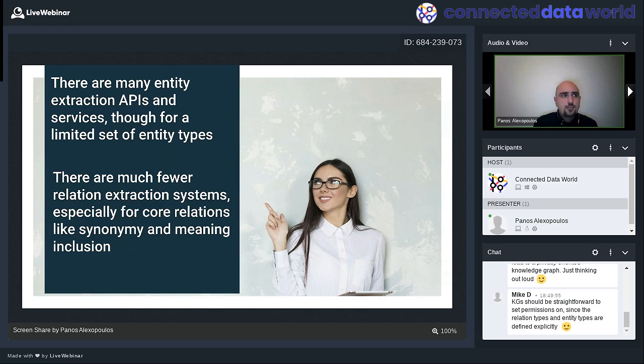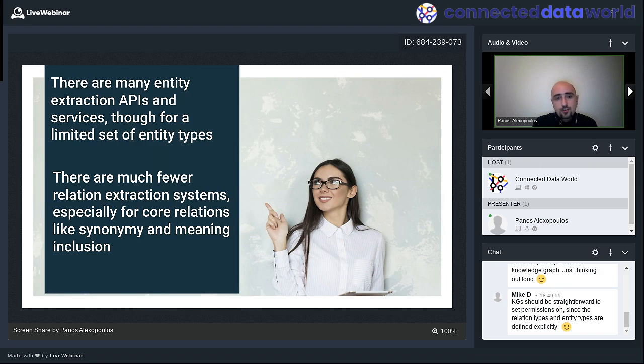But it's much more difficult to find a system that will find, for example, actors, or will find skills or professions or entities like that, right? So there is, let's say, an asymmetry between the coverage in entity types of these systems.